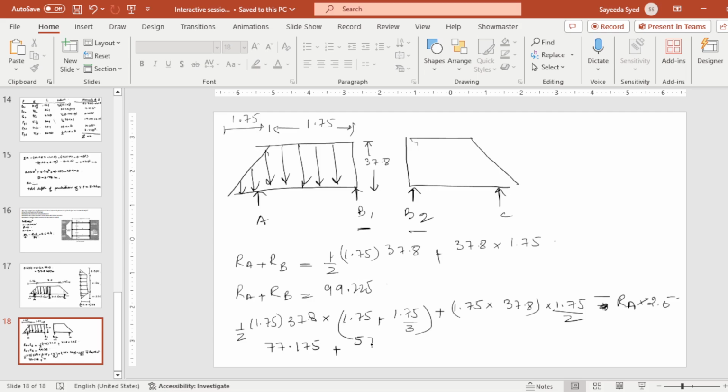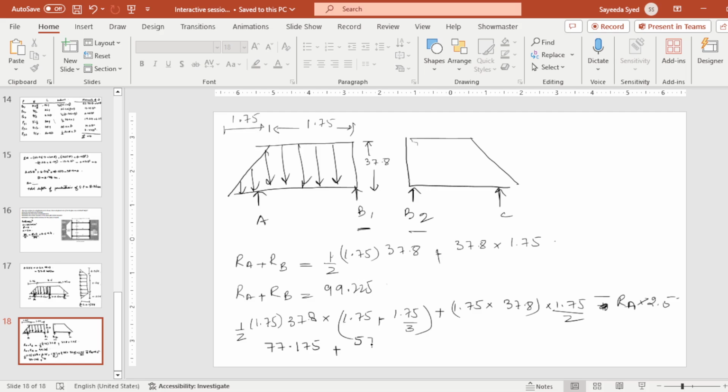Because this is symmetrical, RC will be equal to RA, which will equal 54.02, and RB2 will be equal to RB1, which is 45.2. So our total RB will be 2 times 45.2, which will be 90.4.